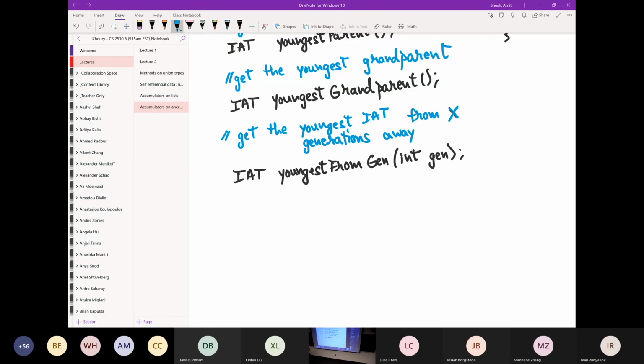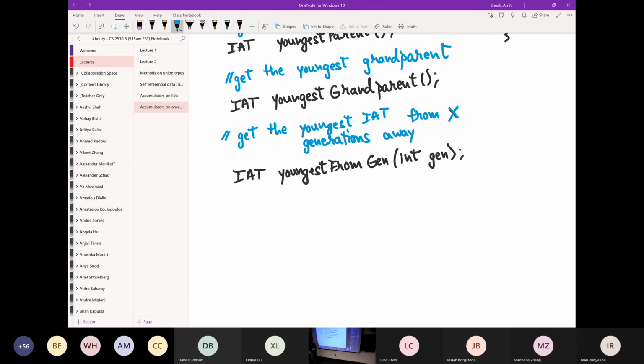Okay? In other words, my youngest grandparent can be chosen from my mom's parents and my dad's parents. So 1 generation less. The problem is I may have a generation that will stop halfway through. So I need a case for what if the generation is 0?